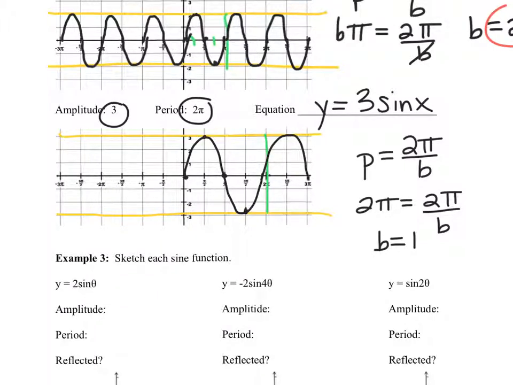Then 0, max, 0. And I'm going to go the other way. Okay, upside down u, or u, upside down u, u, upside down u. So each one of these sections should look the same.